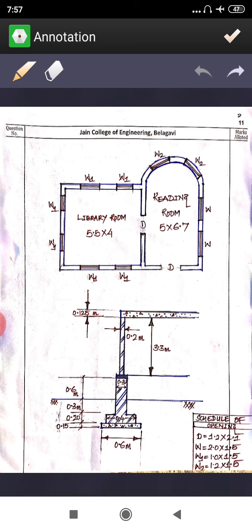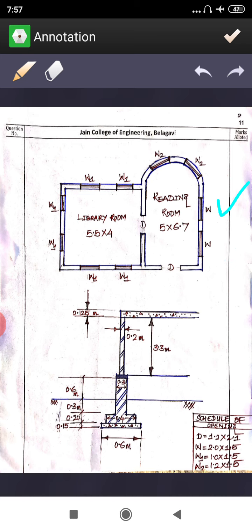Along with that, they have given the schedule of openings here. They are having a door D with a size of 1.2 into 2.1; here you are having two numbers of doors. Then two windows W of 2 meter into 1.5.